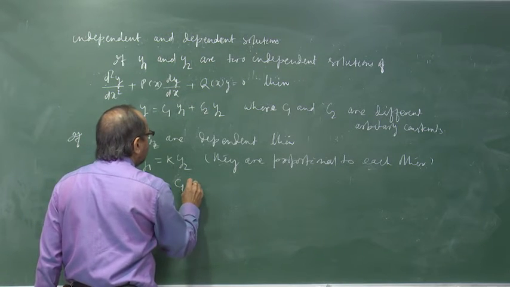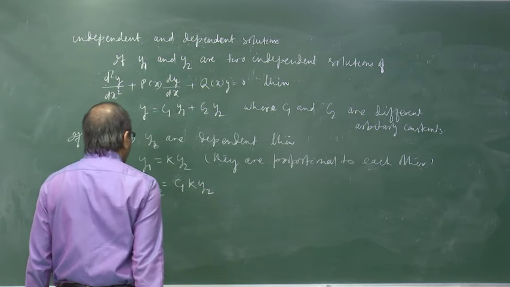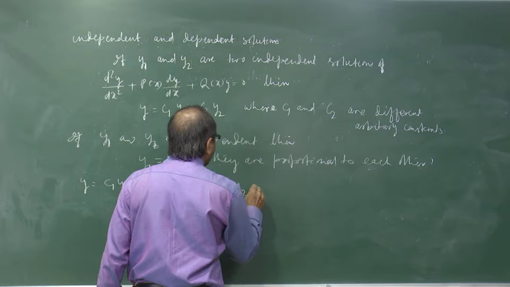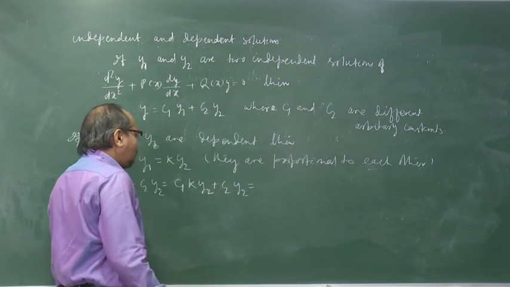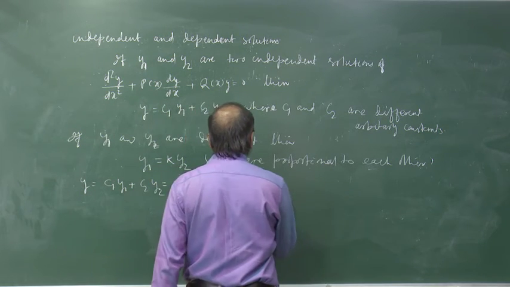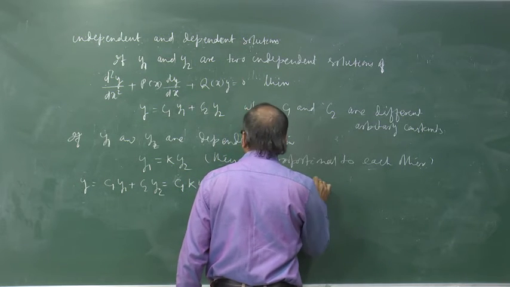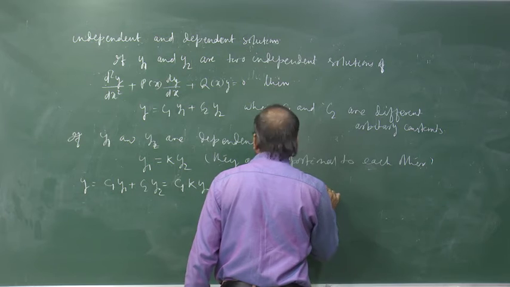So, it is C1 into k y2 plus C2 into y2, which is equal to, we can write it as, C2 plus C1 into k into y2.